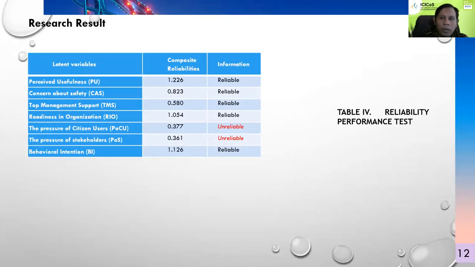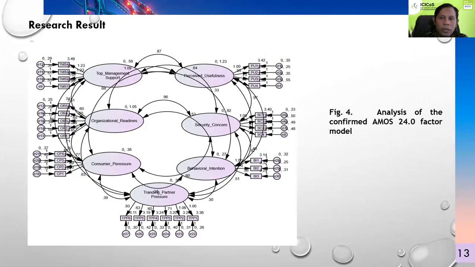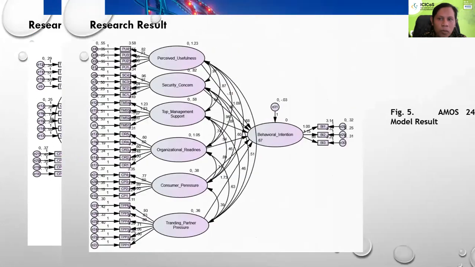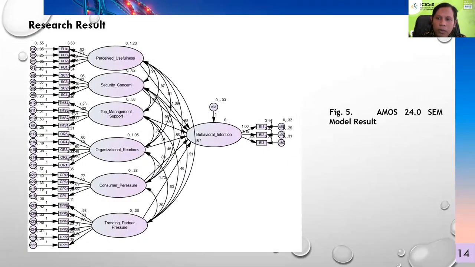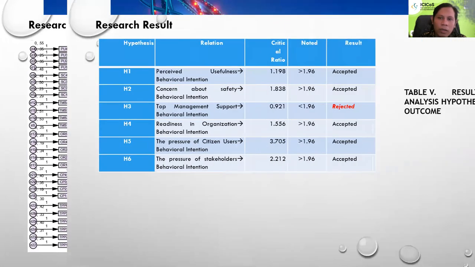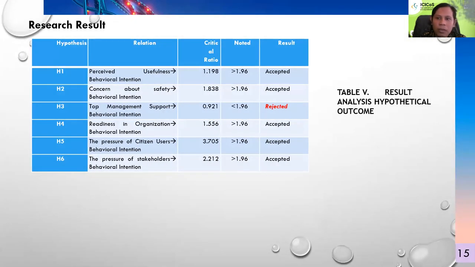Then this is a reliability performance test result, and this is analysis of the confirmatory, most 24.0 version, and this is Amos 24.0 SEM model result.